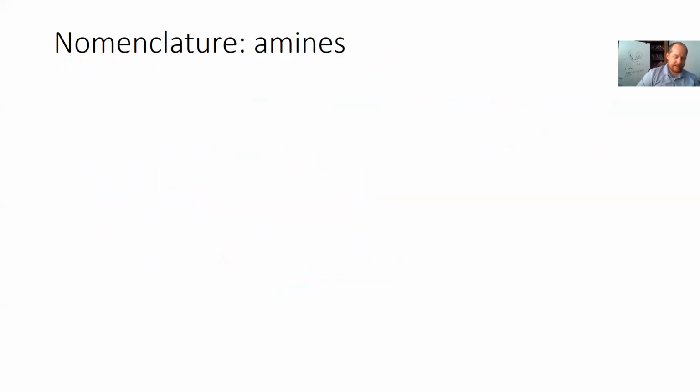Finally, we have amines, and for amines it's actually going to be really simple. The IUPAC naming would be amino and then the root alkane.